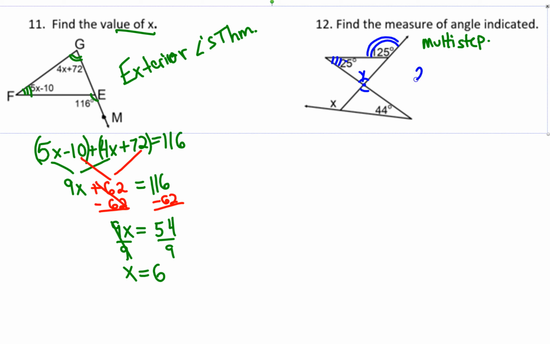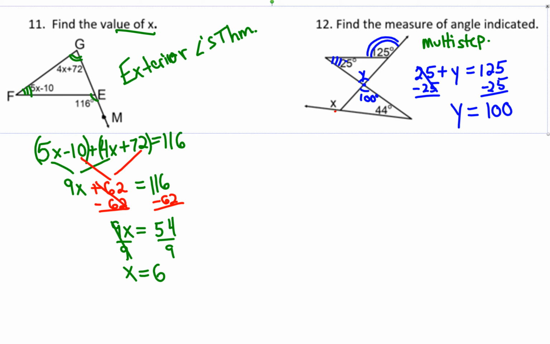So we'll say that 25 plus y, those are our interior angles, should equal that exterior angle 125. So we solve that equation by subtracting 25 from both sides. And we get that y is equal to 100. And then from there, if y equals 100, this angle must also equal 100.